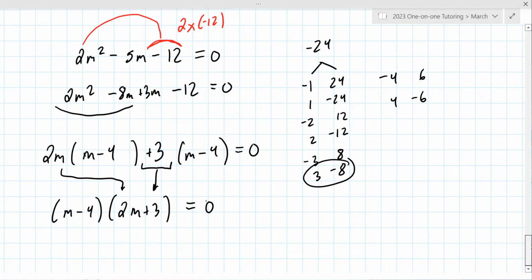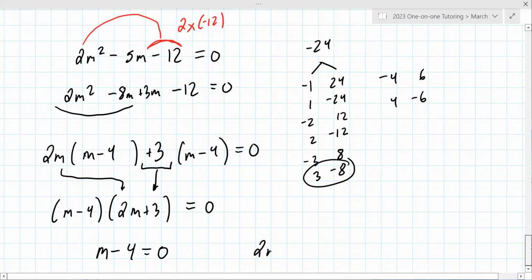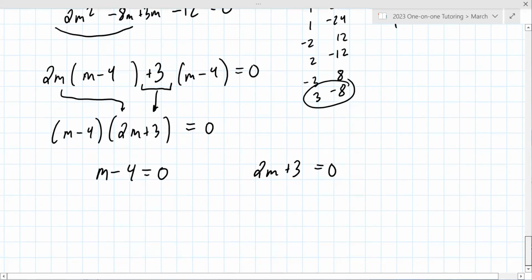And then you set each of these equal to 0. Set each one equal to 0. m minus 4 equals 0. 2m plus 3 equals 0. So go ahead and solve those for us, and let me know what you come up with there.